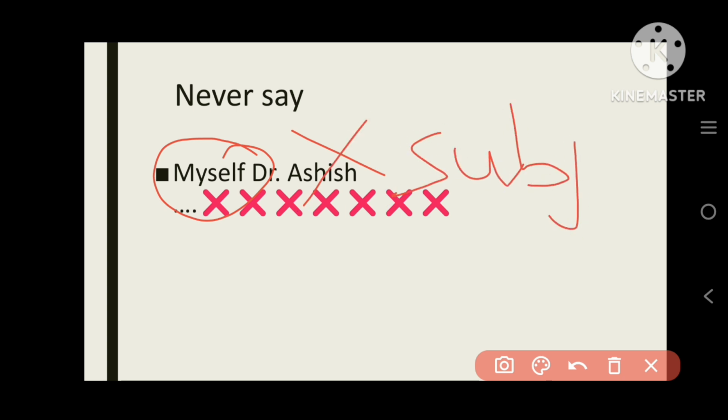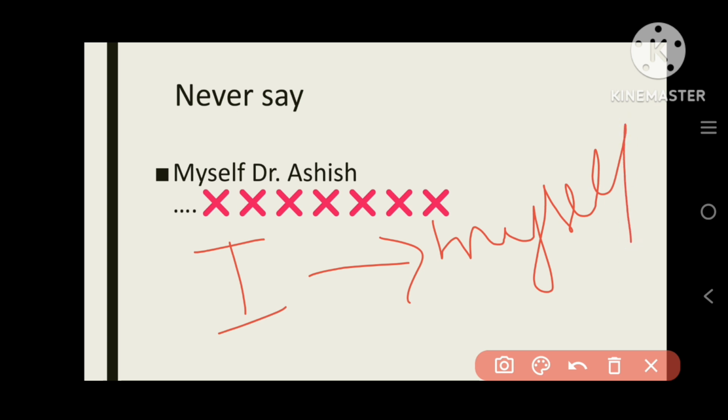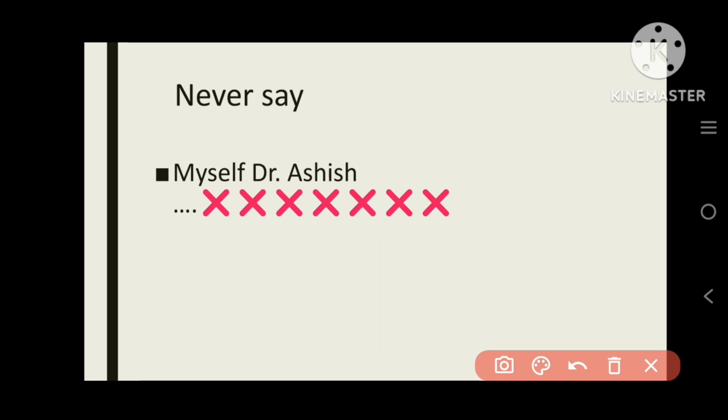It is always used only when the I is subject, then only you can use myself as object. So always keep this in mind whenever you are introducing yourself. It is absolutely wrong to introduce yourself as myself so and so. So never use myself. Say I am Doctor this and this, I am Anita, I am Sunita, I am Rohan.